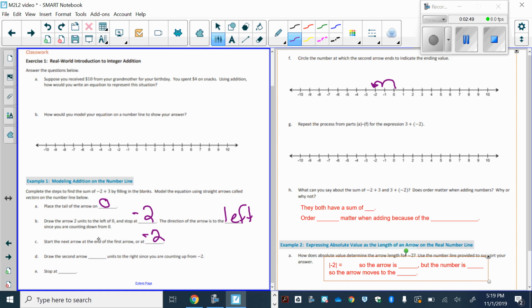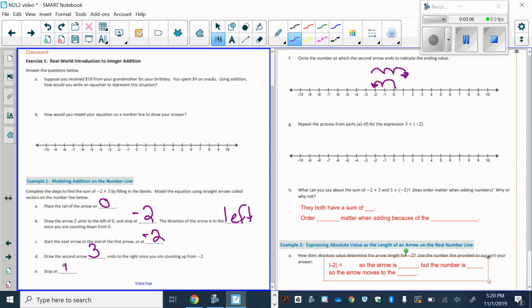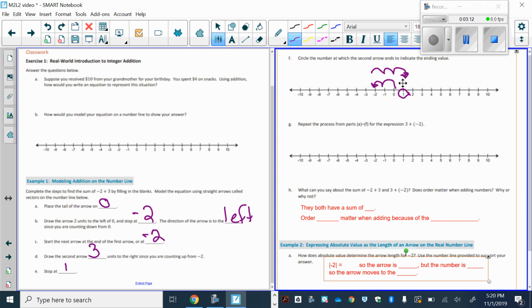The second addend is +3. So we're drawing 3 to the right, starting at where you stopped. 1, 2, 3. Put your arrowhead on. Where did we stop? We stopped at 1. We're going to circle the number at which the second arrow ends to indicate the ending value. We stopped at 1.